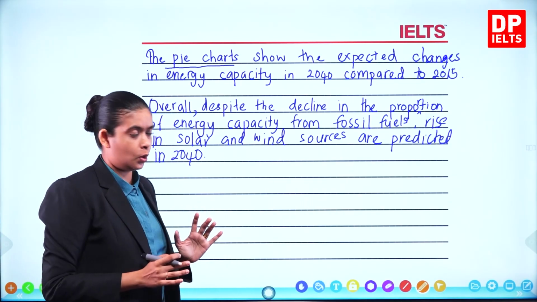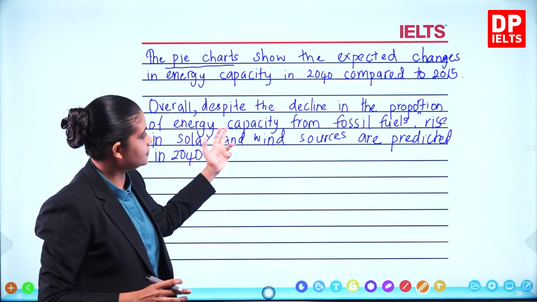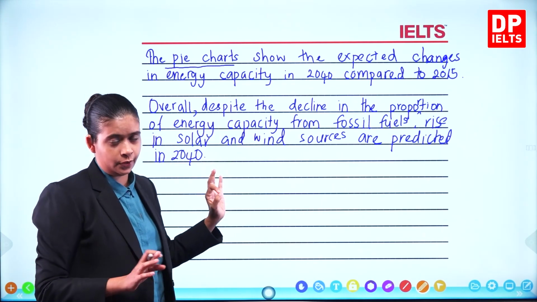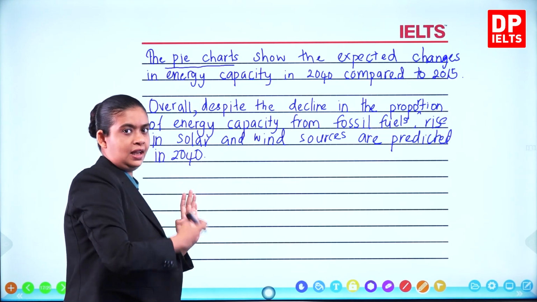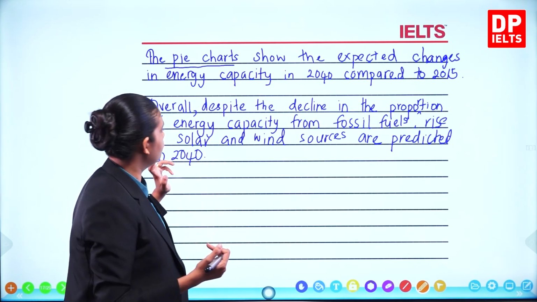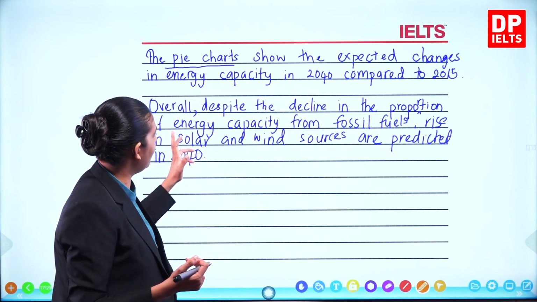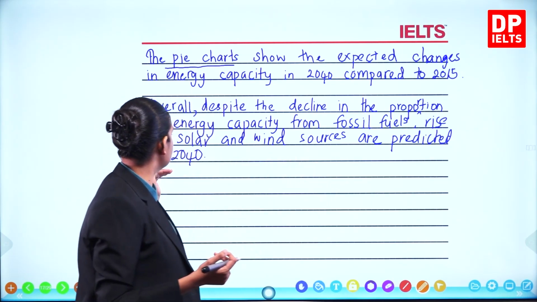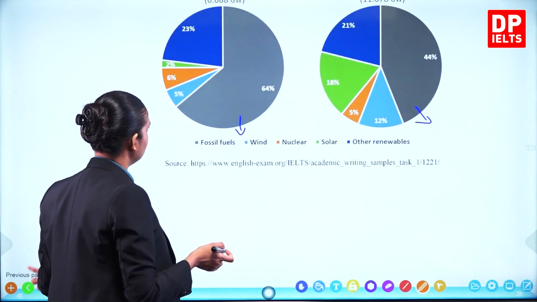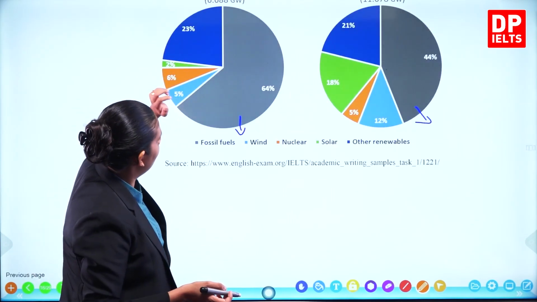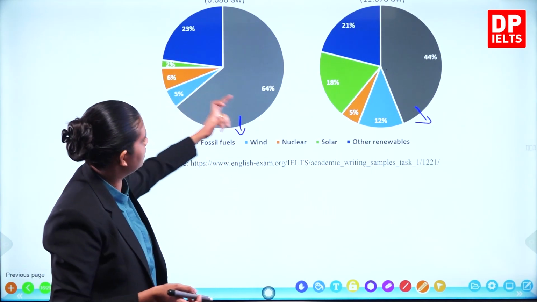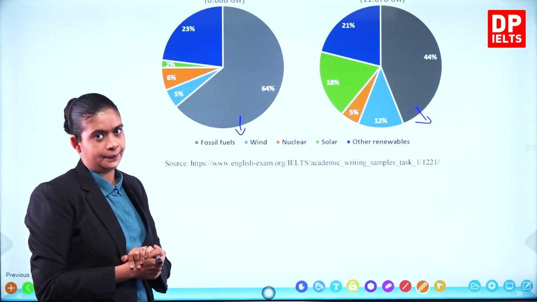So what is the overall view here? Despite the decline in the proportion of energy capacity from fossil fuels, so you can see 64% has reduced by 2040 in the predicted figures, a rise in solar and wind sources is predicted in 2040. So here you can see wind and solar is predicted to be higher.